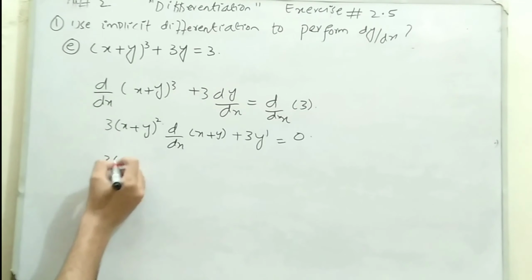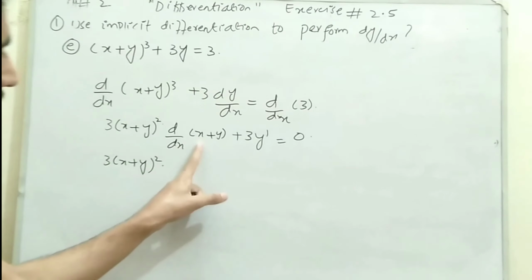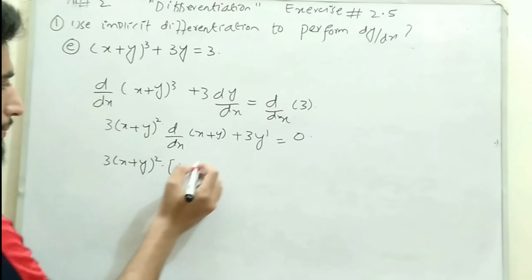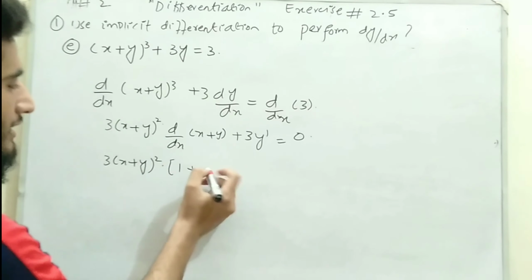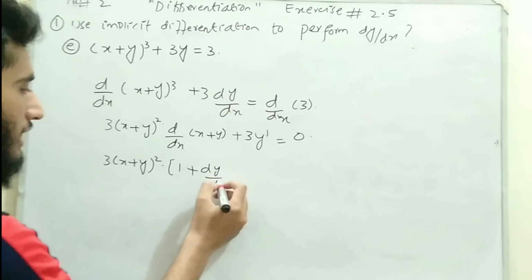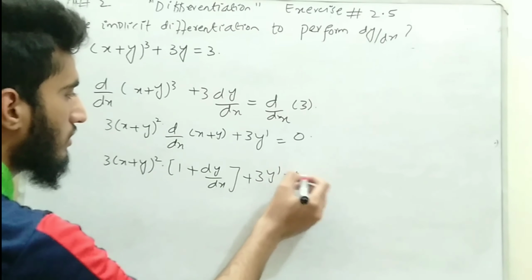Now after this, 3 times of x plus y whole square, now the derivative of x is 1 plus derivative of y will be dy by dx, because this is an inner function, plus 3y dash will be equal to 0.